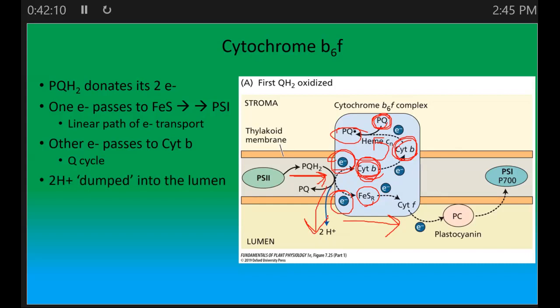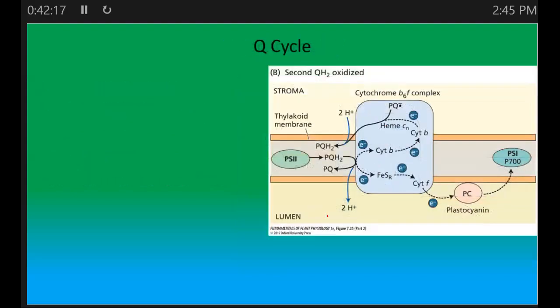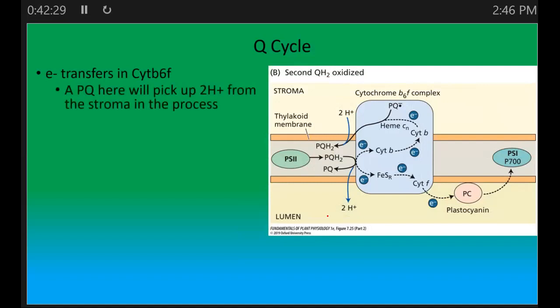Okay, so this is showing kind of the kickoff into the Q cycle. Let me explain a little bit more about this. With the Q cycle, every time a PQH2 comes to a cytochrome B6F, what you see happening as a result, so this is a second PQH2 that's come through, is that this plastoquinone in the Q cycle is eventually going to get 2 electrons.